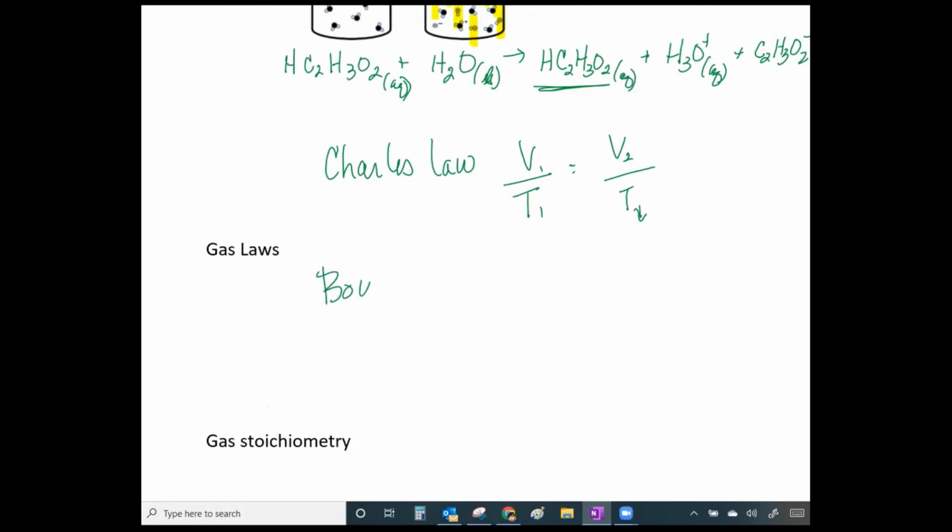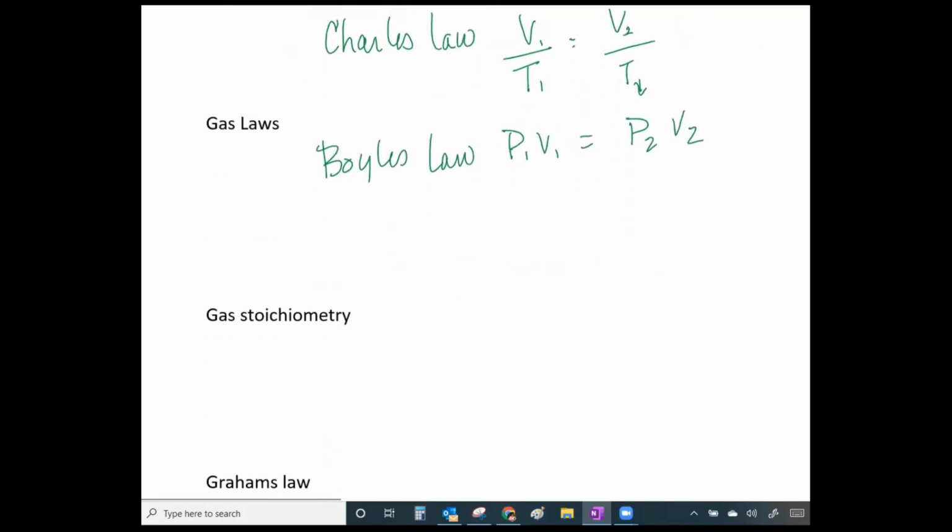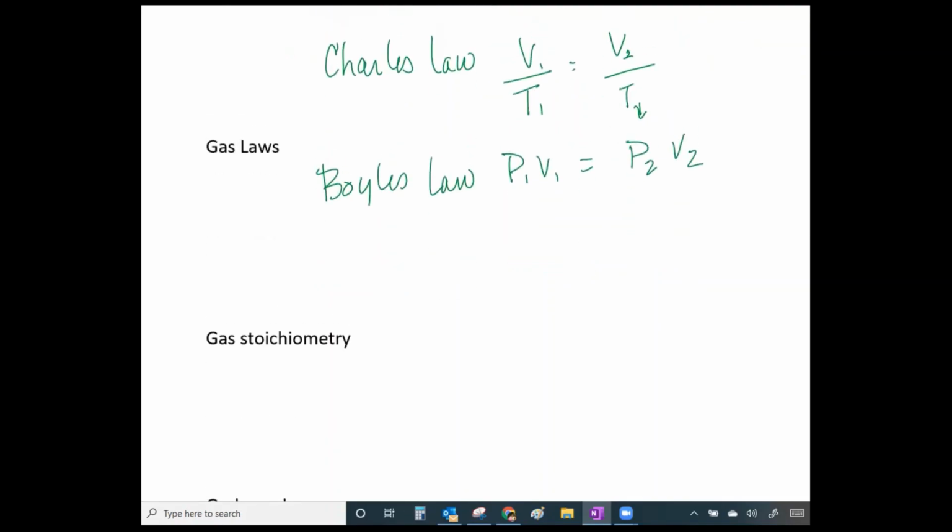Boyle's law: pressure and volume vary inversely. So if you know the conditions of the pressure and the volume, and then you change one of them, you can calculate the other using that equation. Gay-Lussac's law is pressure and volume. No, pressure and temperature. I lied.